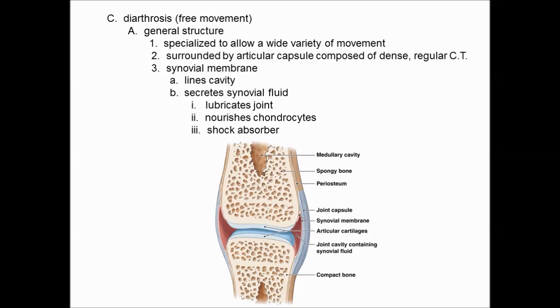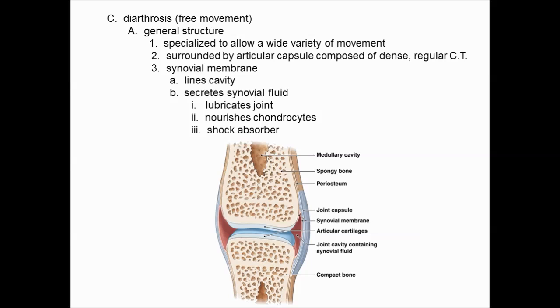So the bones are held together by this joint capsule that surrounds it. Within the capsule is a membrane lining, which here is a red color, and it secretes a fluid called synovial fluid. This lubricates the joint and nourishes the cartilage cells and so forth.